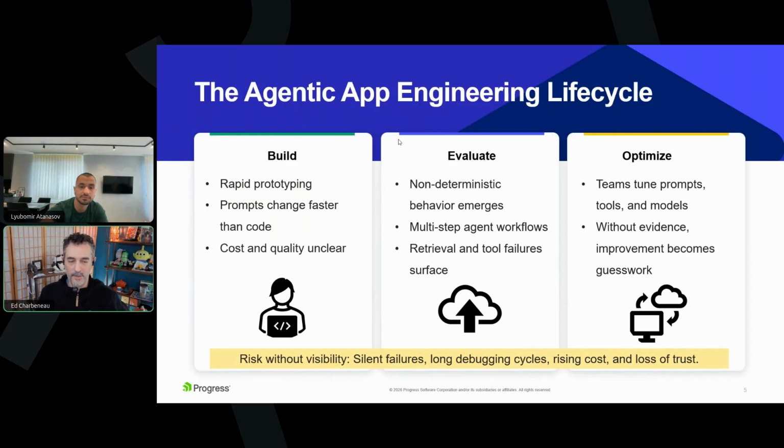And then you kind of step into the evaluation phase where you're trying to get that non-deterministic behavior to behave a little bit better. These large language models can tend to step outside of what their prompts are telling them to do, and you need to go back and adjust the prompt as needed. And you may be adding multiple agents to your workflow and chaining those together.